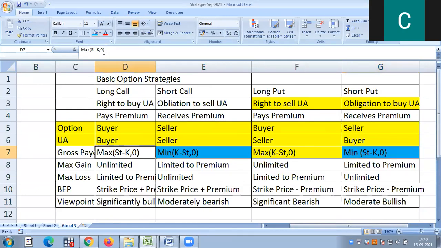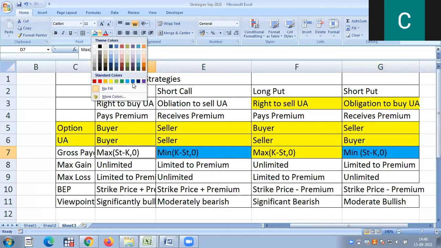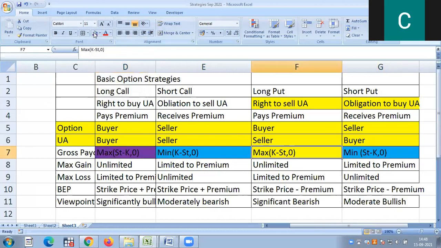Payoff for long positions, long call and long put, is maximum because they both have the right. Wherever the right is there, payoff is maximum. When payoff is maximum, you have unlimited gains and limited losses. When payoff is minimum, you have limited gains and unlimited losses.